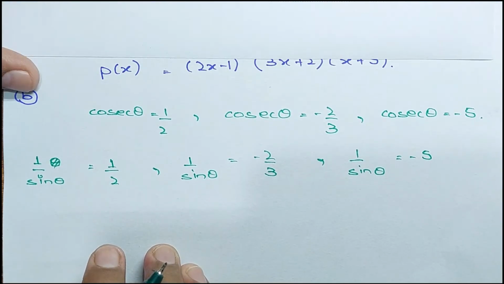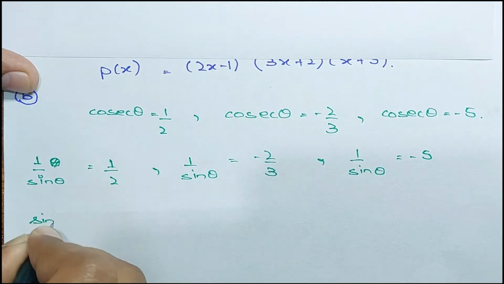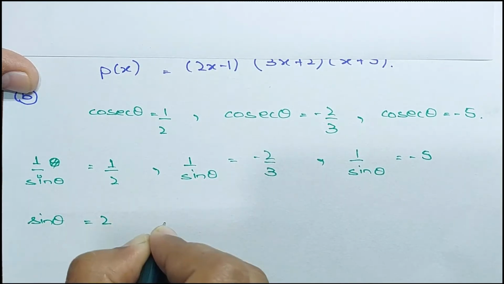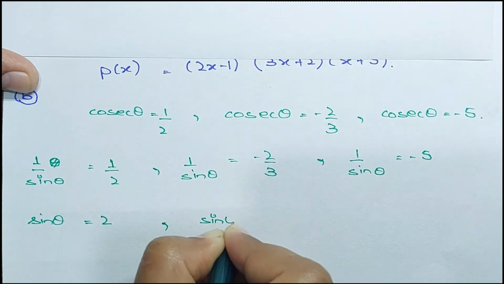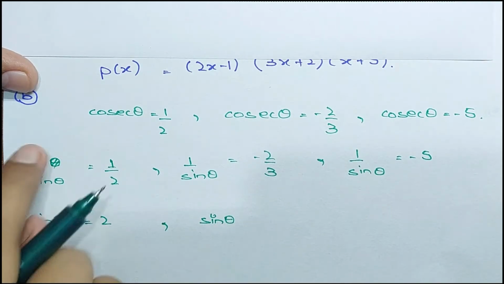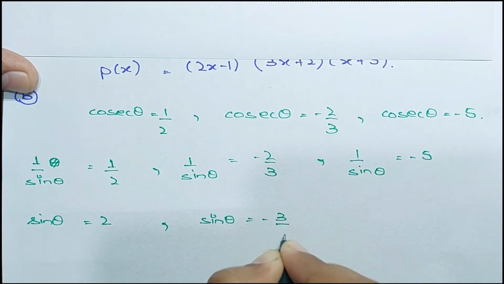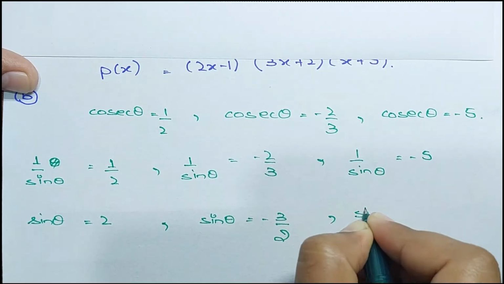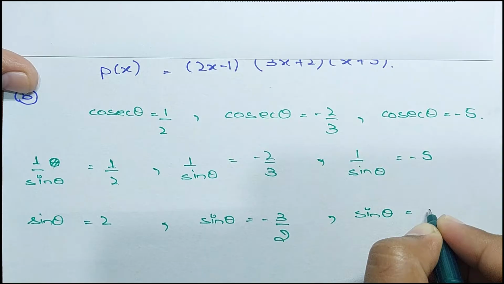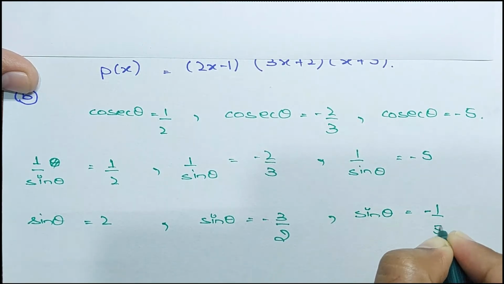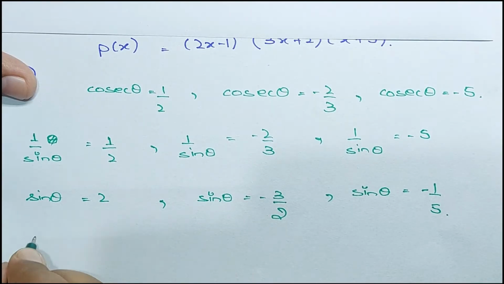Let me do the reciprocal. So sine theta is equal to 2, reciprocating both sides. This is minus 3 by 2. And reciprocating both sides here, sine theta is minus 5 becomes minus 1 over 5. Let me solve for theta.